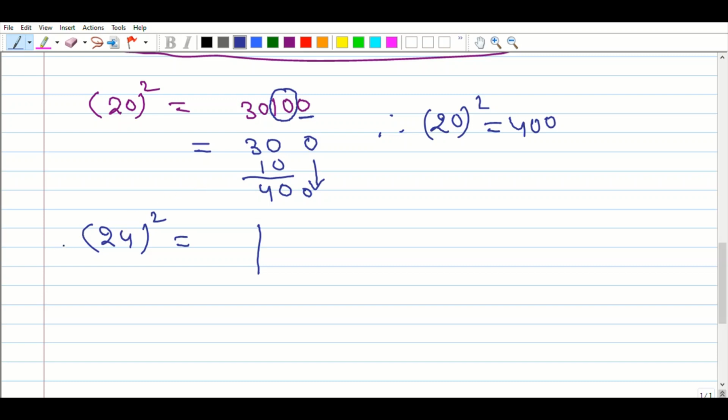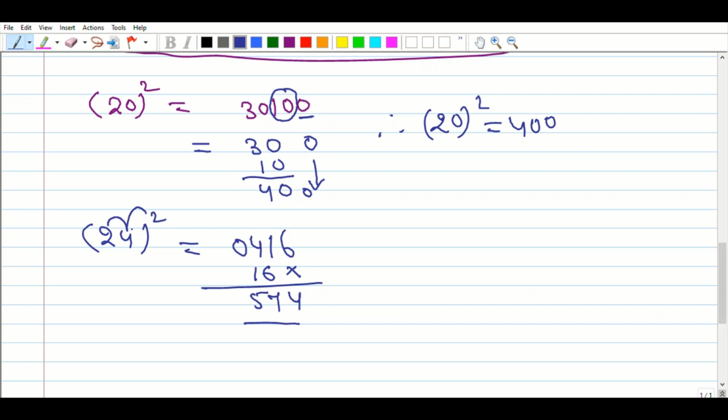It's possible, but you can do it this way. We write here 4 fours are 16. Then write 2 twos are 4. Then multiply 2 into 4, and 4 twos are 16. Leave this one and write 16. It is easy to find, that is 576. You can do it this way.